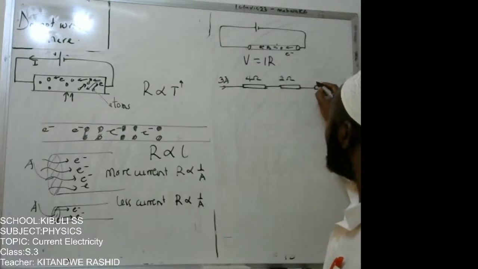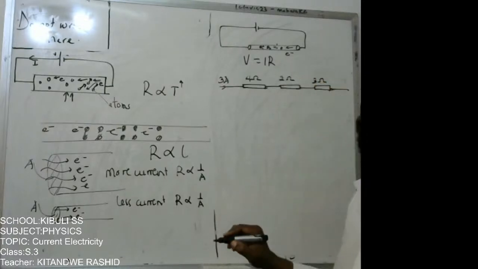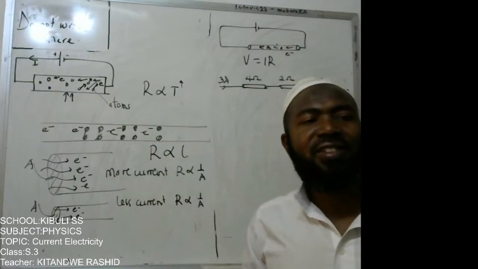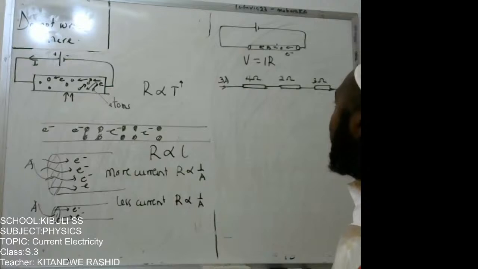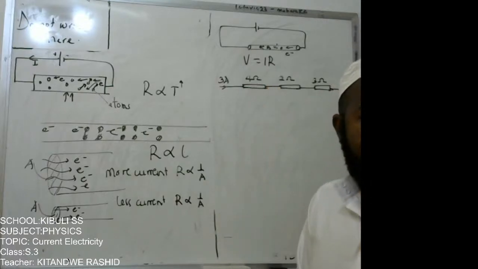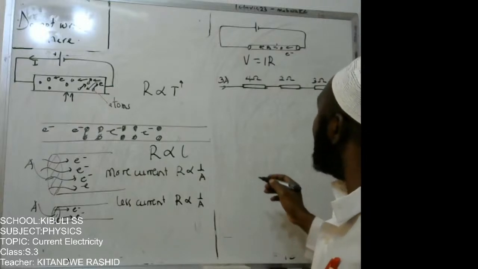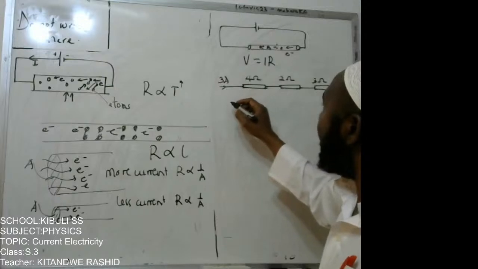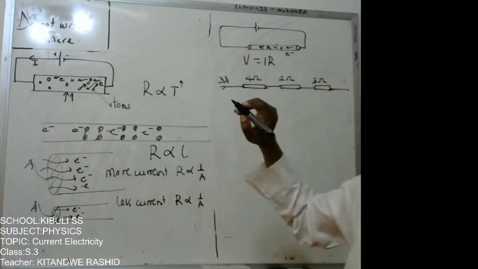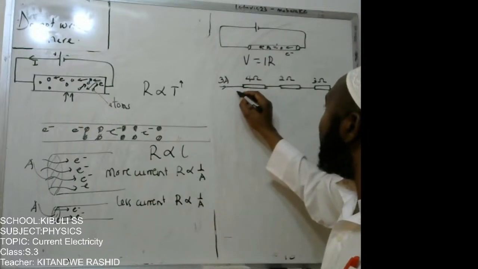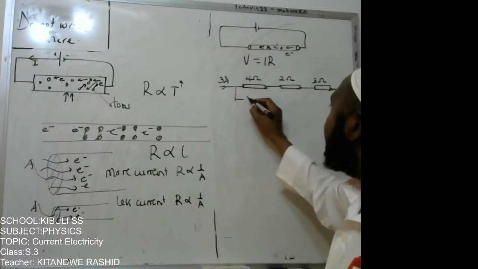The order may not matter that much. So we have to calculate the PD across each resistor. We said when current passes through a resistor, a potential difference is developed. So we are going to use V equal to I R. So therefore, the PD across the first resistor, we'll call it V1.